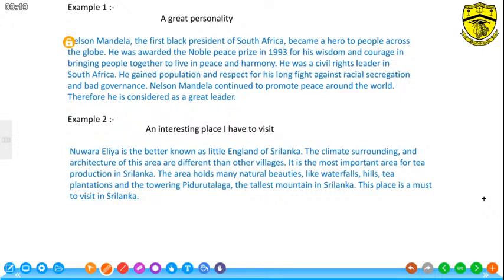He was awarded the Nobel Peace Prize in 1993 for his wisdom and courage in bringing people together to live in peace and harmony, because he fought and gave the people a chance to live in peace and harmony.